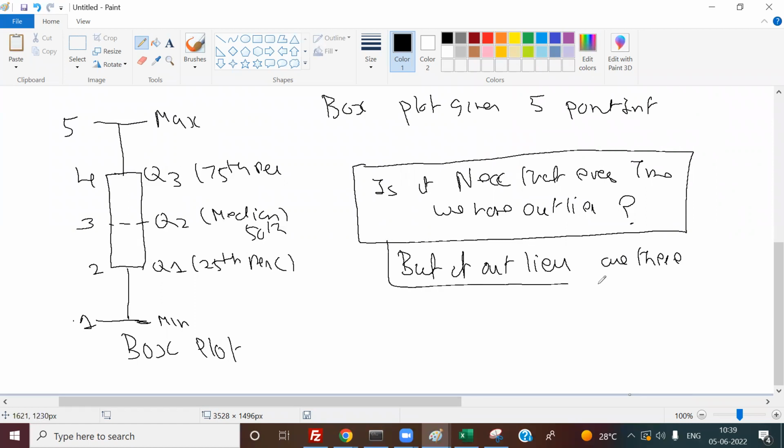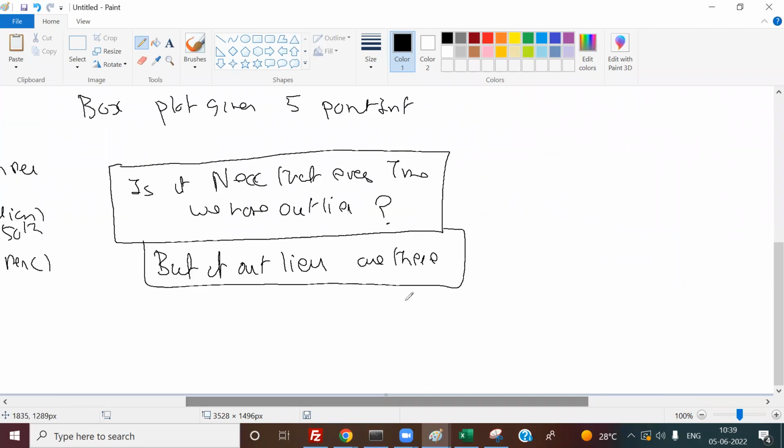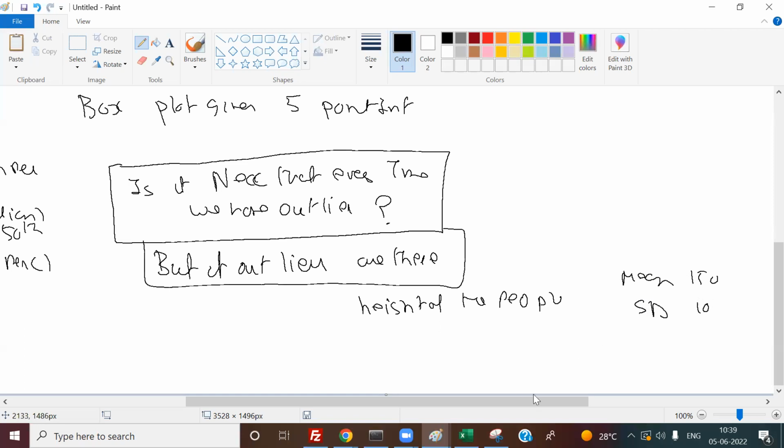so suppose, let's say you are measuring the height of the people. Let's say the mean was around 150. The standard deviation was, let's say, 10. And let's say if there is a person whose height is 210 centimeter, probably this person would be an outlier.